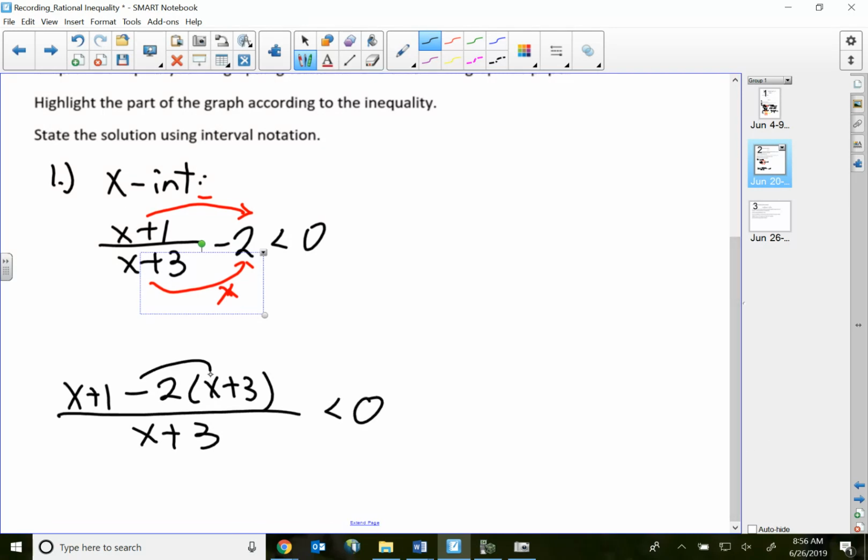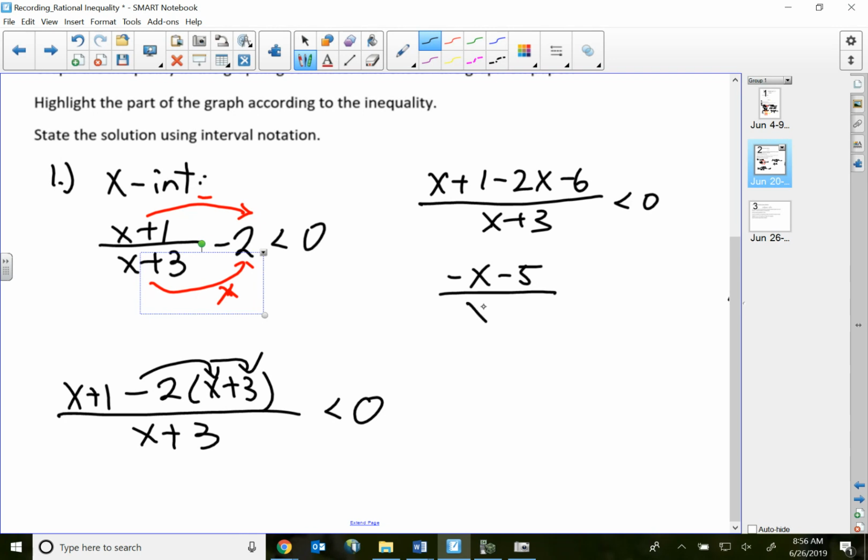Now I'm just going to distribute the top. That will give me x plus 1 minus 2x minus 6, whole thing over x plus 3, less than 0. Once I simplify this, it's going to be negative x minus 5 over x plus 3, less than 0.